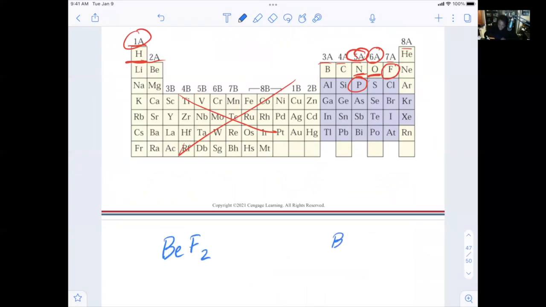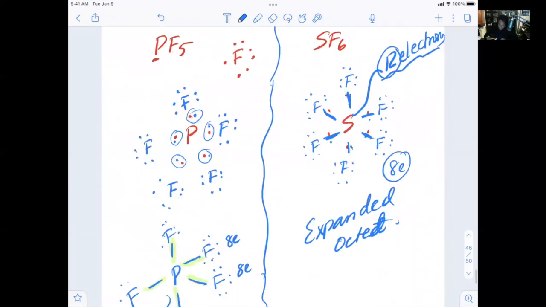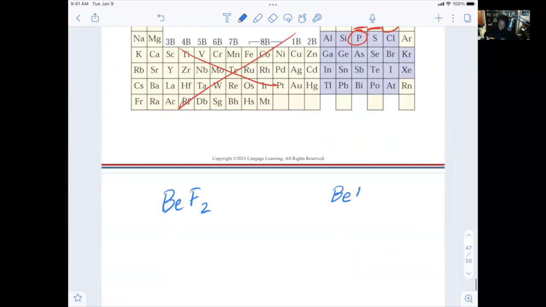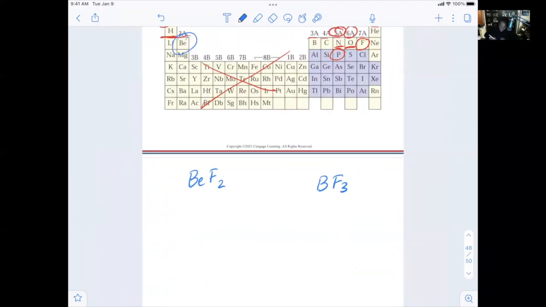BeF2, Be. What did they use for this other one? Was it F also? Hold on. BF3. Okay, once again, Be is in group 2. So Be has 2 dots. And then F, like we've seen so many times, F is in group 7, so it has 7 dots.